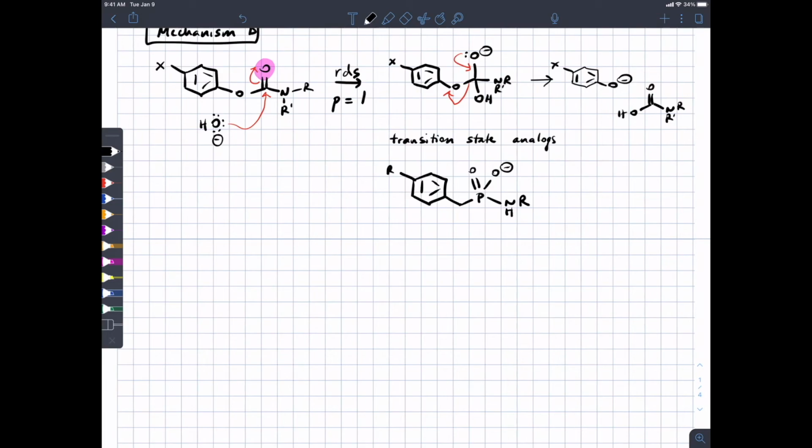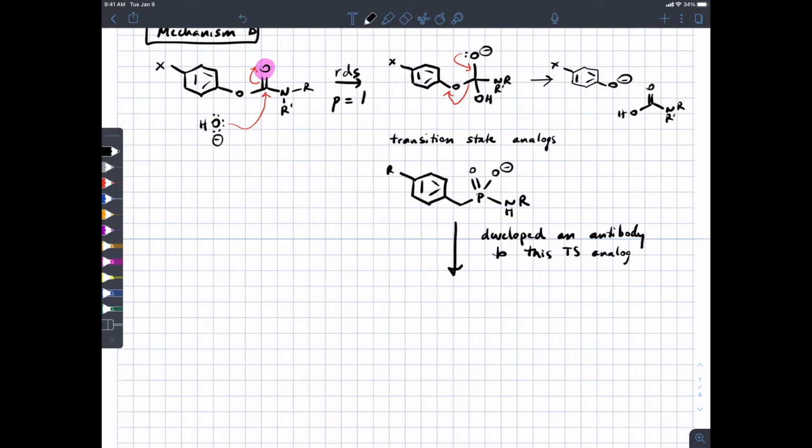And then they used a chemical biology technique. They developed an antibody to this transition state analog.